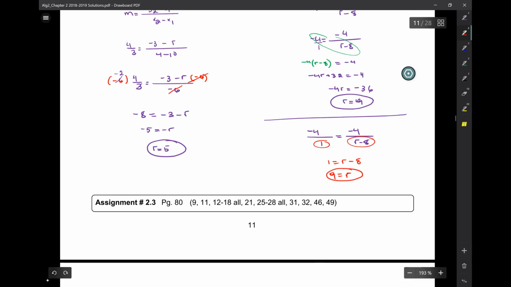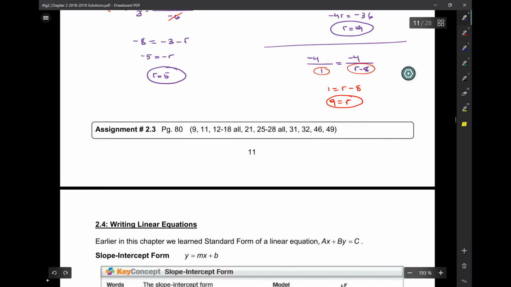But that's only if either the two numerators are the same or the two denominators are the same. So you could also have, for example, an equation that looks like this: r minus 2 over 3 is equal to 7 over 3. And now look, the denominators are completely identical, so all you need to do is set the numerators equal to each other.